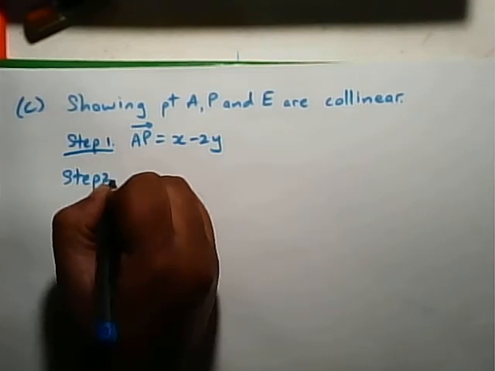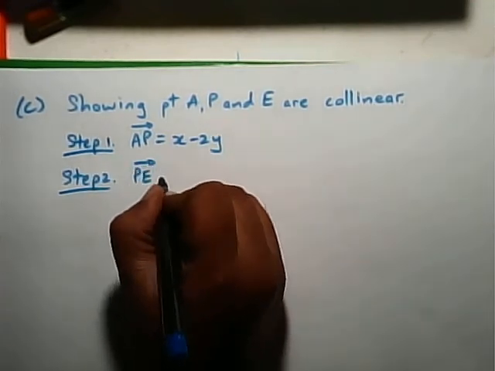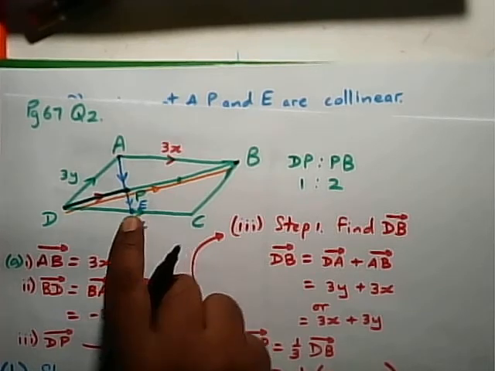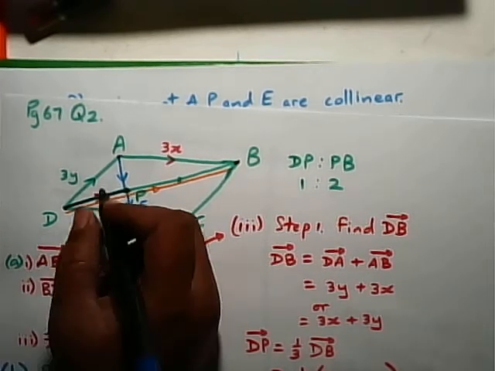Step 2. Work out PE. Let's look at the diagram. For PE, we need to travel through arrows which have letters already.